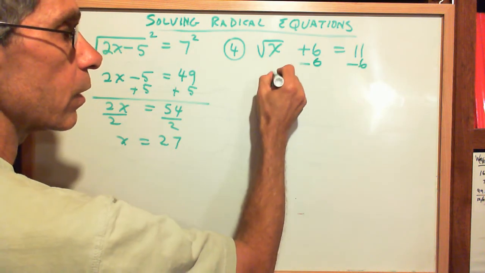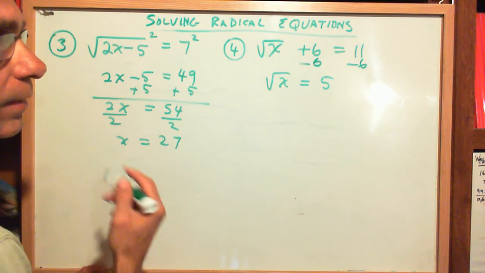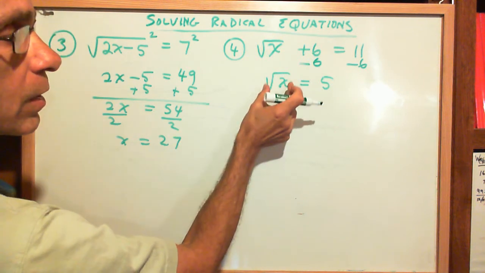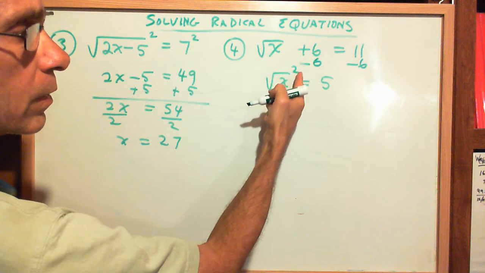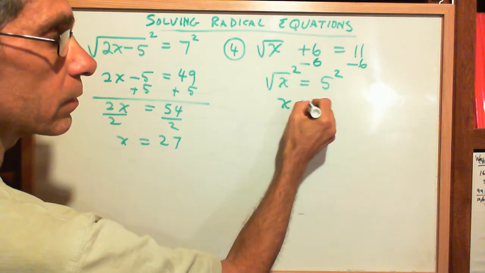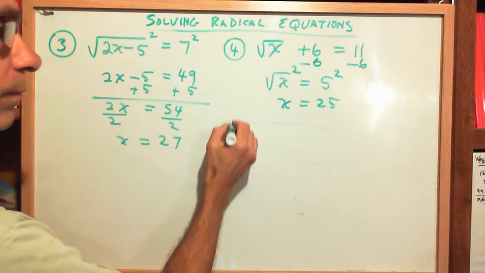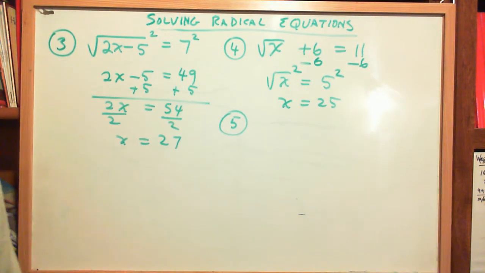So now I have the square root of x is equal to 5. Now that is easier because now it's isolated. So if I square it now, I will get rid of my square root sign, square this, and I get x is equal to 25. Let's try another like that. I'm hoping you can see that on the video.